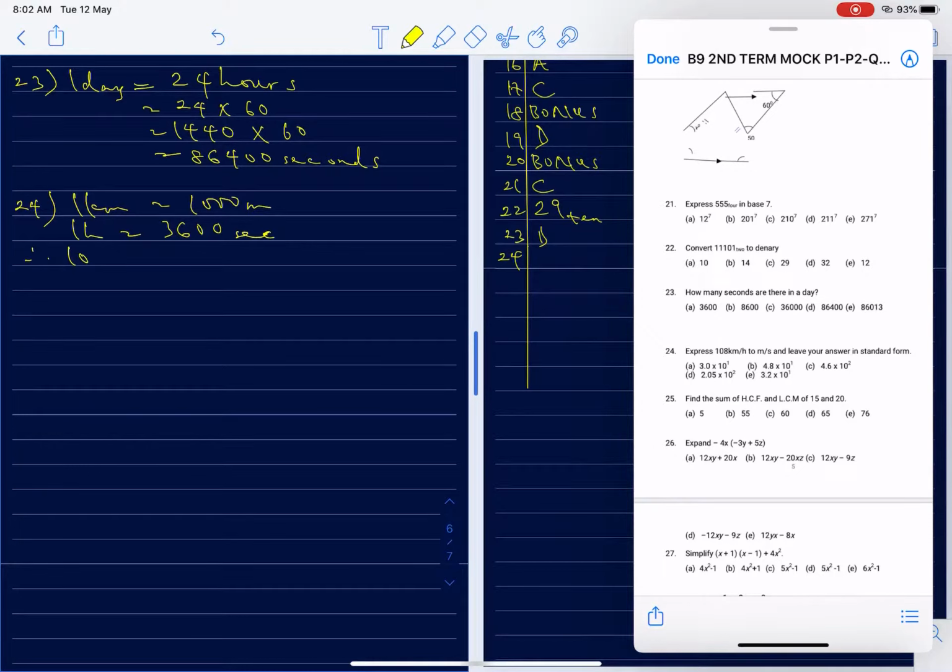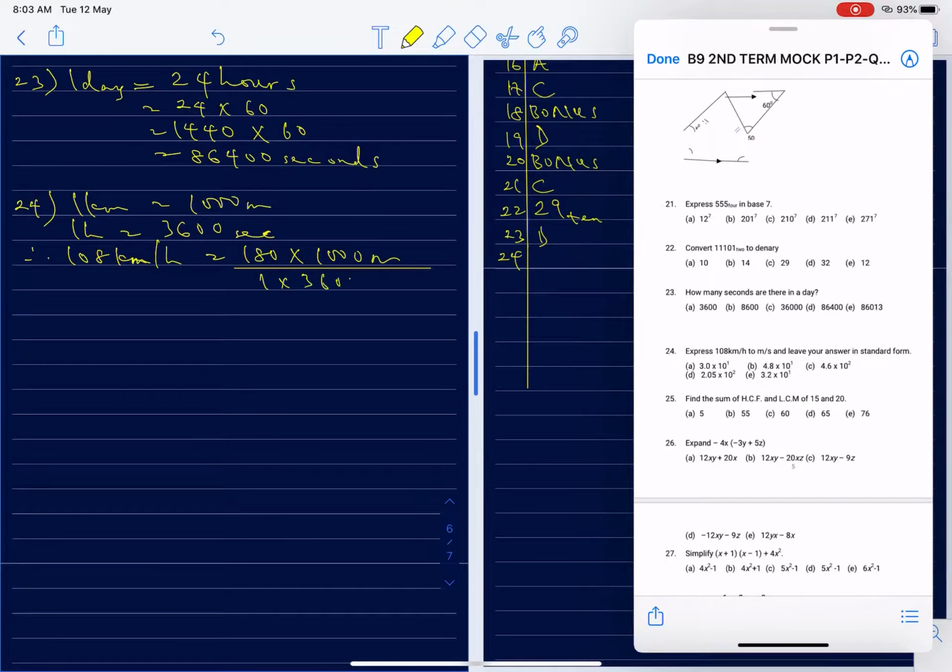So 108 kilometers per hour is the same as 108 times 1,000 meters divided by 1 hour to seconds, which is 1 times 3,600 seconds.